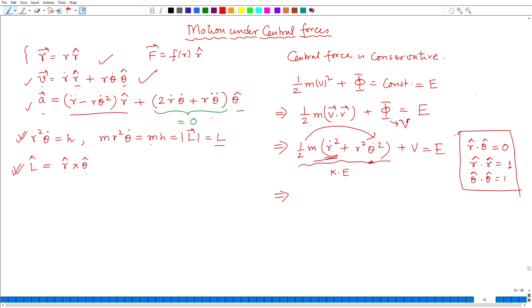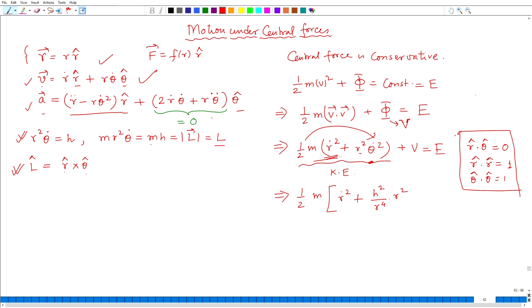So, if I now write m r dot square and I use this theta dot is equal to h by r square, I can simply write, which I already have written as well, h square by r to the 4 times r square.